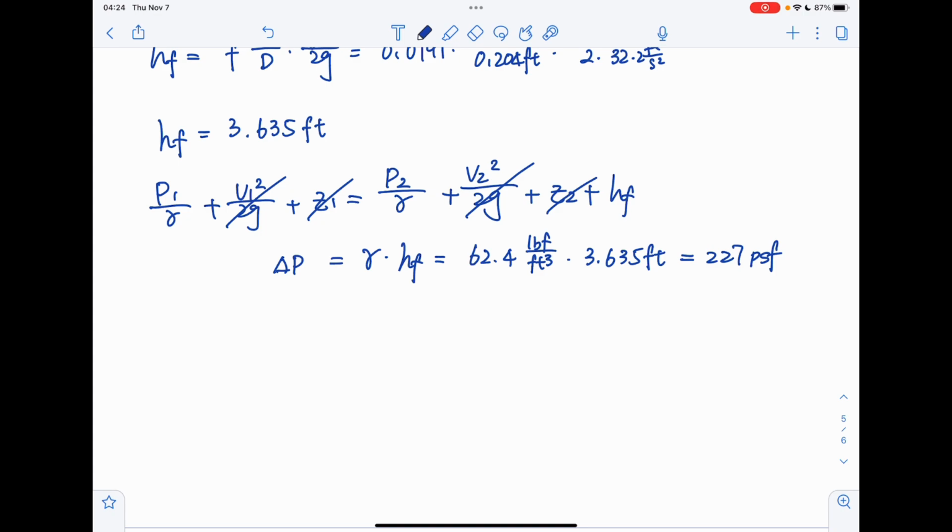And if we convert that to psi, it equals 1.58 psi.